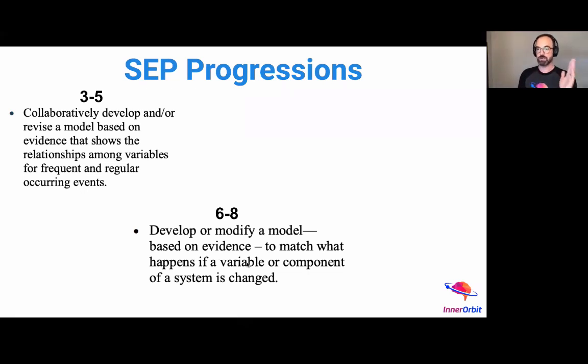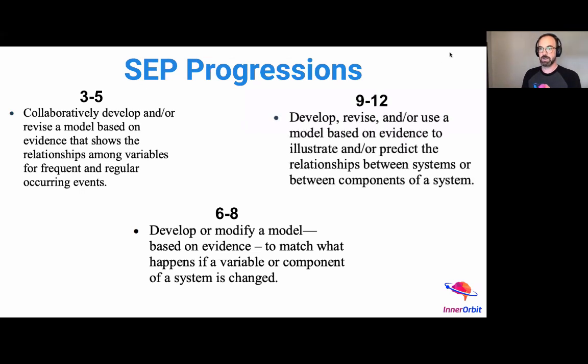In 3.5, it's regularly occurring events. In 6.8, it's a change. So what happens if there's additional sunlight, or the temperature is higher or lower? How does that impact evaporation? And then in 9.12, now we want you to develop, revise, and use a model to predict relationships between systems or components of a system.